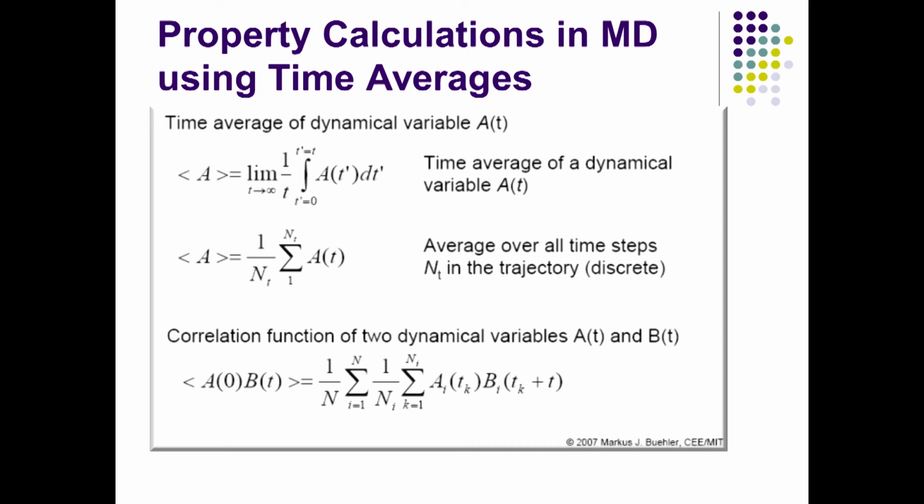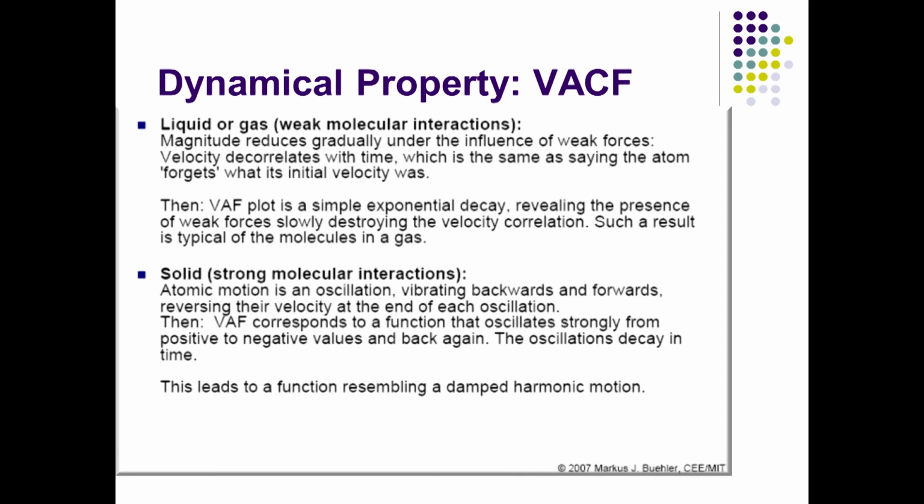So, property calculation in MD using time averages is very common, and that is where the VACF, velocity autocorrelation function, becomes very important, because we can now differentiate between liquid or gas, where there is weak molecular interaction, and solid, where there is strong molecular interaction.